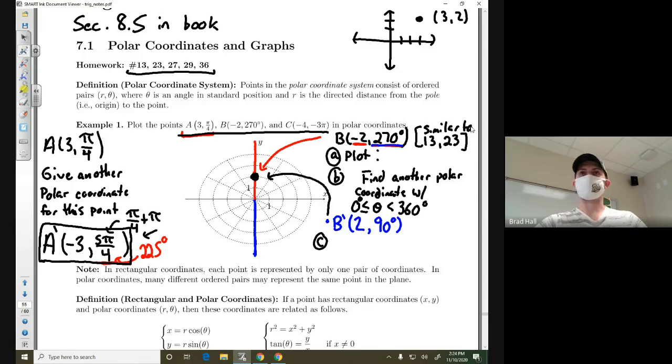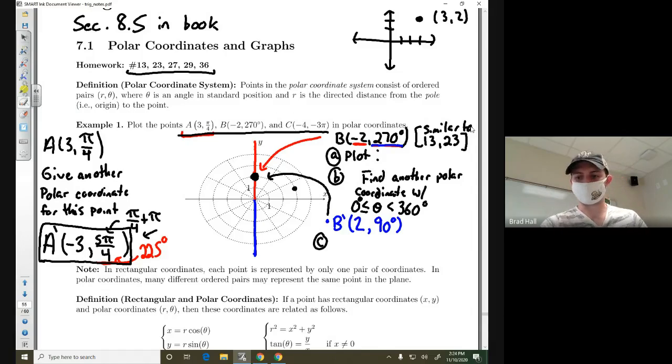The point, you're reading it on a polar graph, you're reading it in rectangular coordinates. What would happen if I placed the point right here? How would you read that? It gets a little bit wonky.